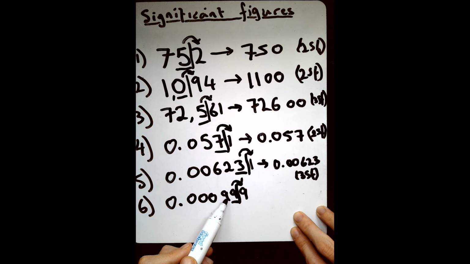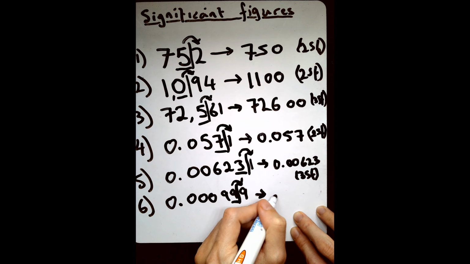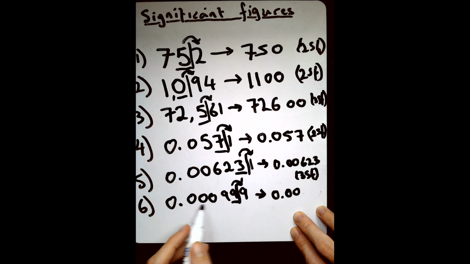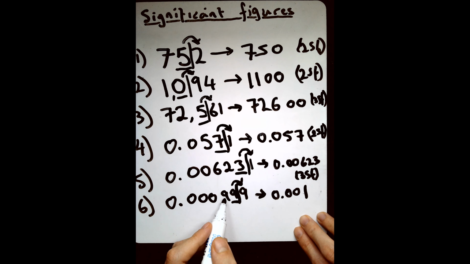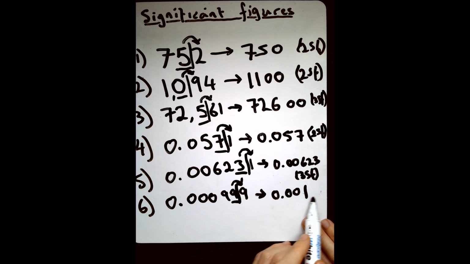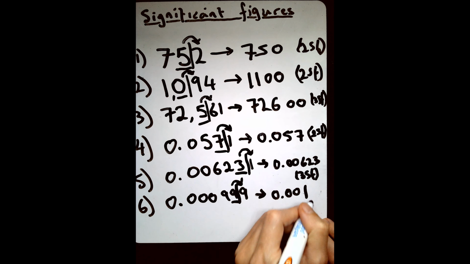This 9 is also going to go up by 1, which is going to be a 10, so we're going to carry that 1 over to this column, and so what we're going to get is 0.00. Now that 9, like we said, is going to turn to a 10, carry the 1 over, we're going to get 1 here, and then this is going to be a 0, this is going to be a 0, and this is going to be a 0. So we don't need to write those as they're after the decimal point. Okay, and that has been rounded to 2 significant figures.